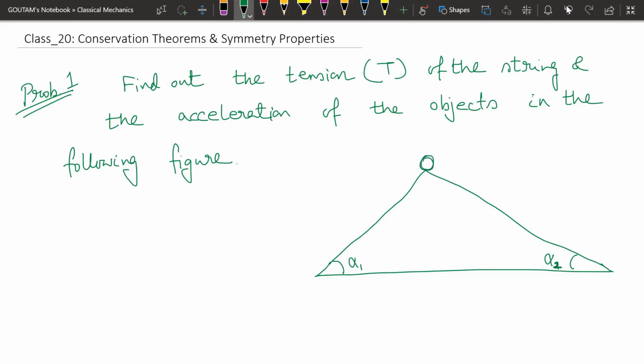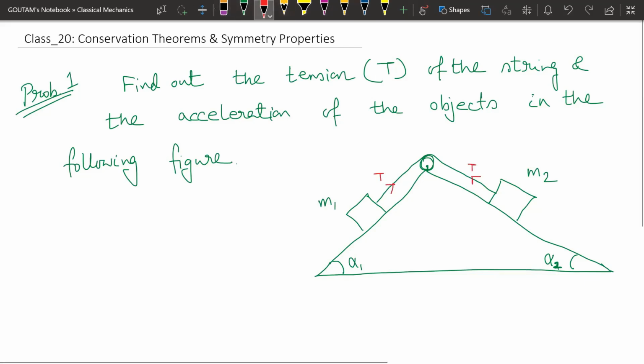We have a pulley here, and the two objects are attached with each other like this. So the mass of the object on the left side is m1, and the object on the right side is m2. So we need to find out the tension in the string and the acceleration of the objects.